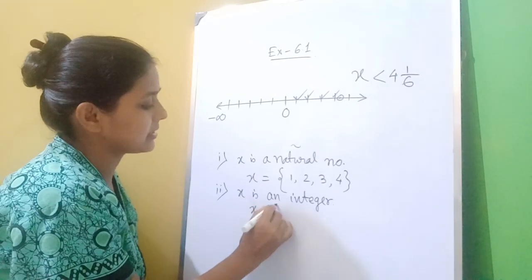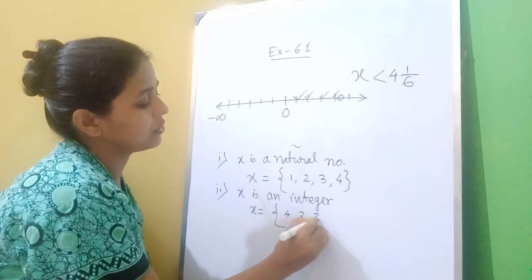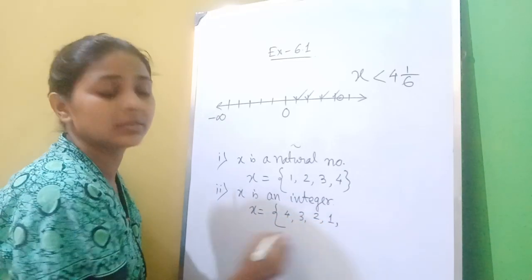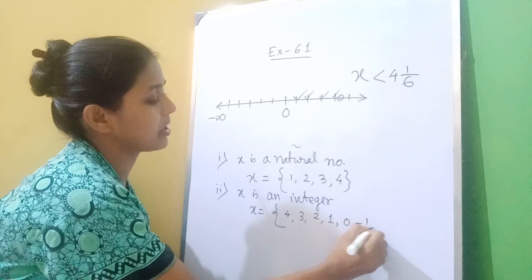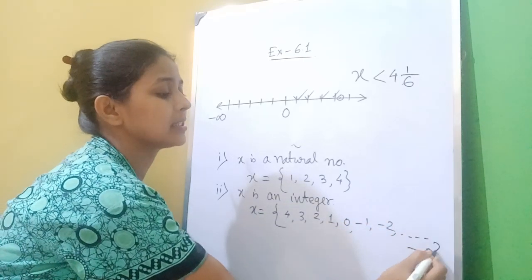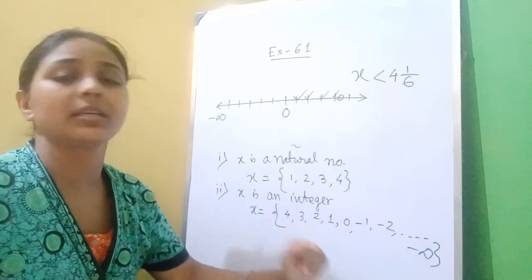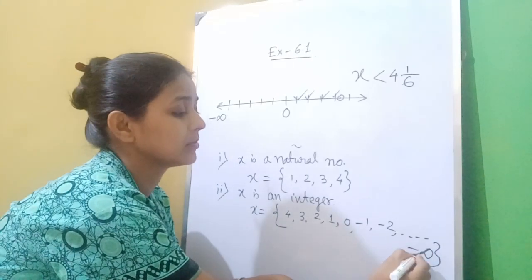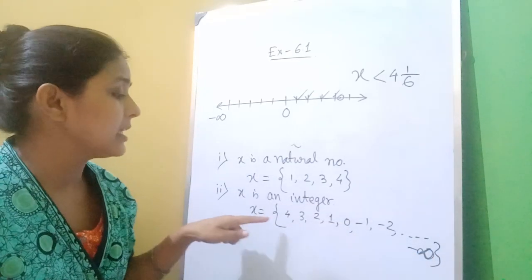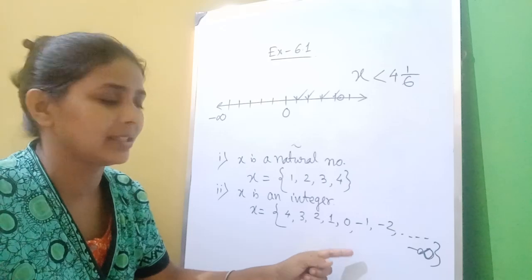That means x such that 4, 3, 2, 1, then 0, -1, -2 and so on up to minus infinity. This will be the required set for integers.